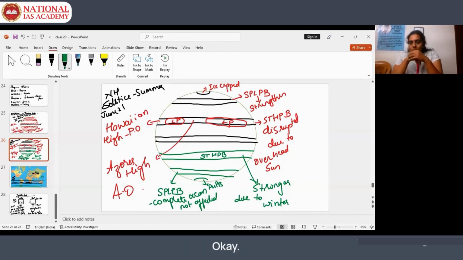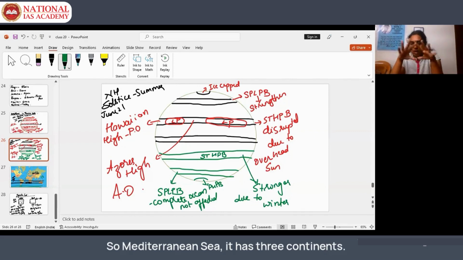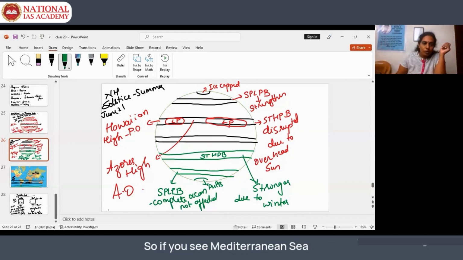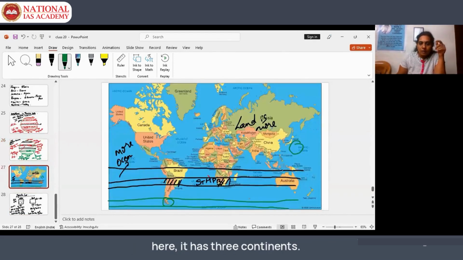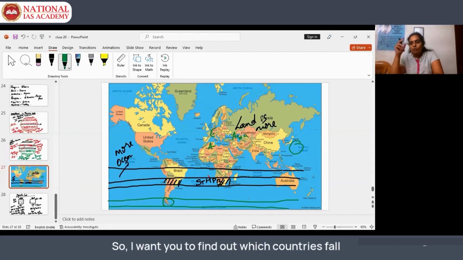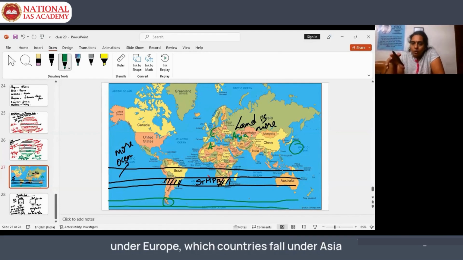Mediterranean Sea. Okay, so the Mediterranean Sea has 3 continents. If you see the Mediterranean Sea here, it has 3 continents: one is Europe, one is Africa, and the other is Asia. So I want you to find out which countries fall under Europe, which countries fall under Asia, and which countries fall under Africa. So you need to know which countries fall where.